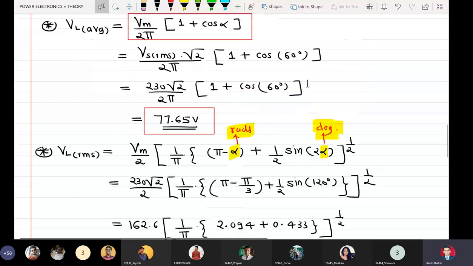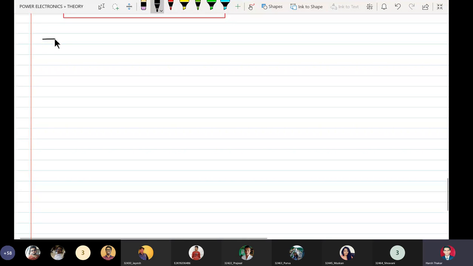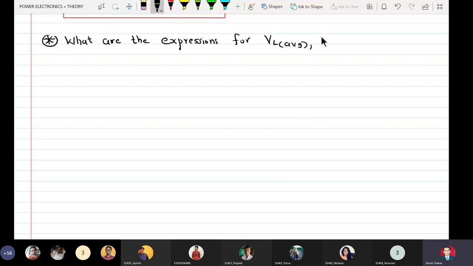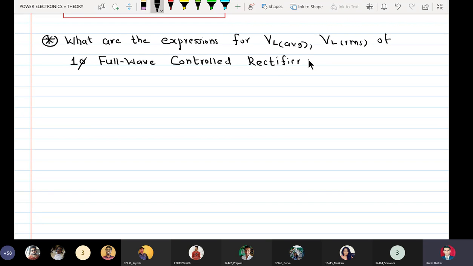So now, what are the expressions for VL AVG and VL RMS of a single phase full wave controlled rectifier?